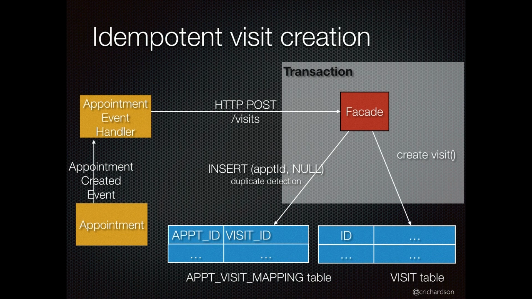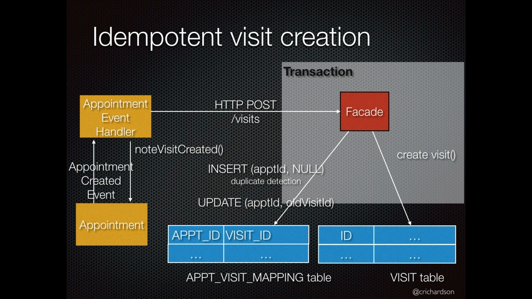Then, if that insert succeeds, the facade can then go and create the legacy visit in the visit table. And then it can execute an update to associate the appointment ID with the newly created visit. And then the visit ID gets returned back to the appointment event handler, which could actually tell the appointment that the visit had been created.